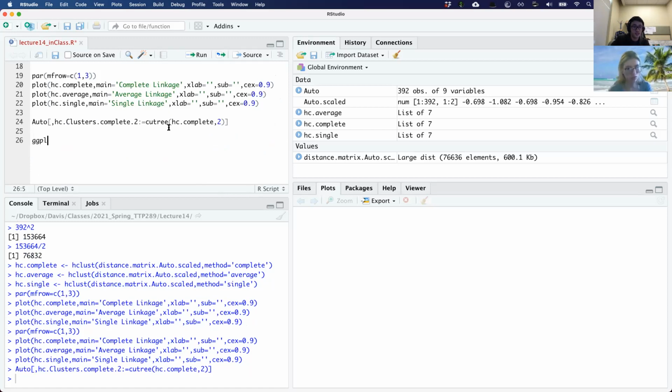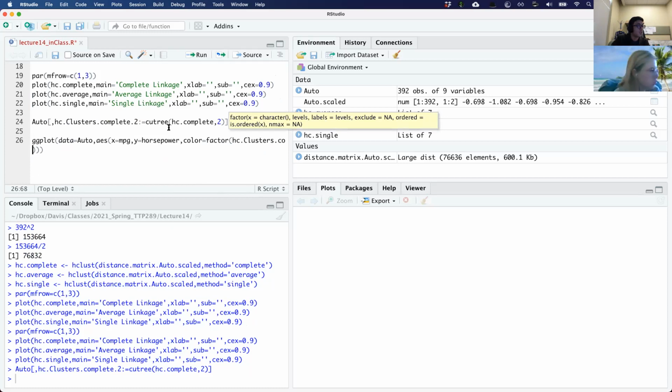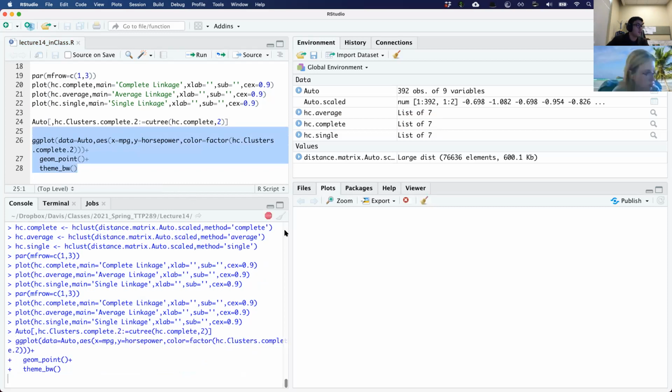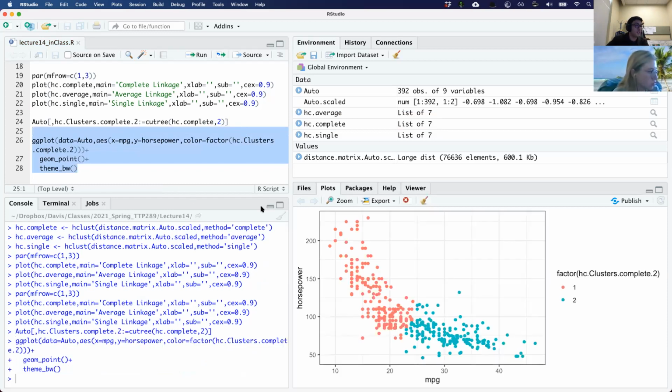And I will just go ahead and plot it. And this will look like this. And so these are the 2 clusters.